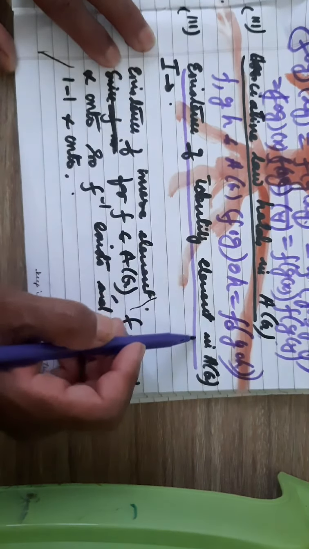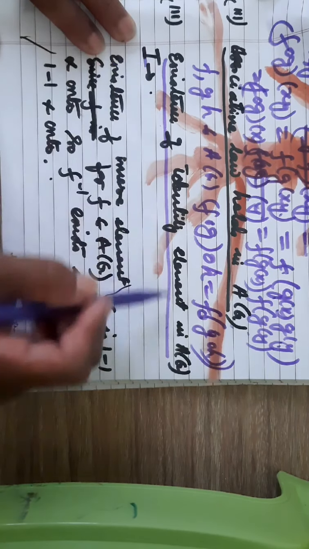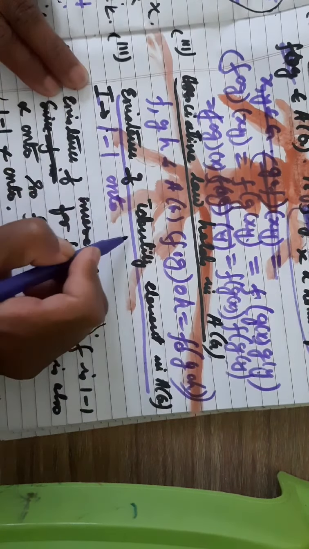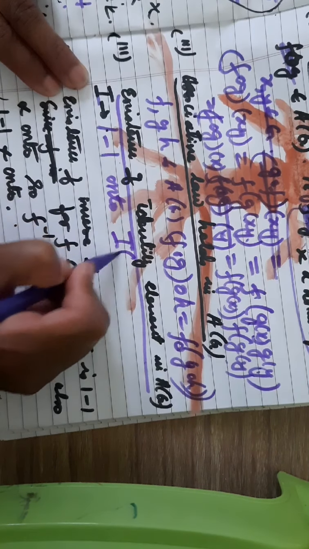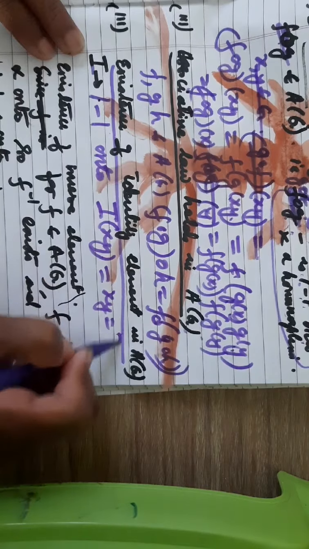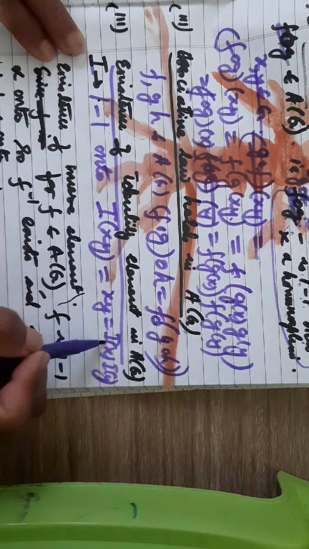Now, existence of the identity element in A(G). We know that the identity mapping is always an element of A(G). Why? Because the identity mapping is always 1-1 and onto. And also, I of xy, for x and y belonging to G, is equal to xy, which is the same as I(x) into I(y). So it means that I is a homomorphism.